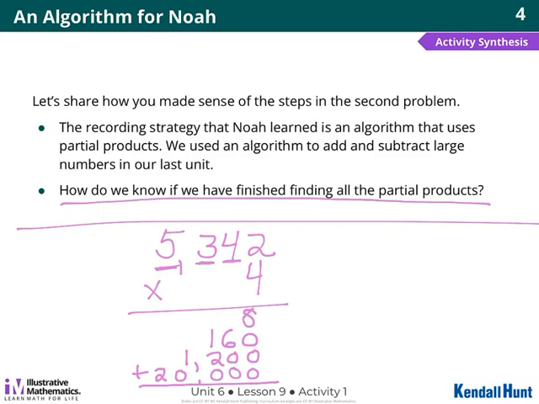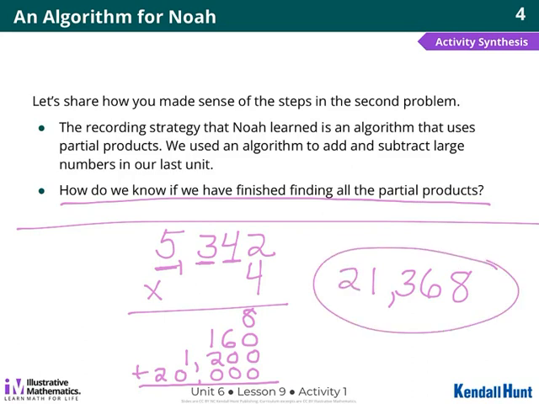That's part of Noah's strategy. So 8 plus 0 plus 0 plus 0 is 8. 6 plus 0 plus 0 is 6. 1 plus 2 plus 0 is 3. 1 plus 0, 1, and 2, right? 21,368.